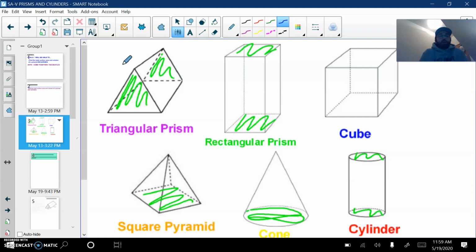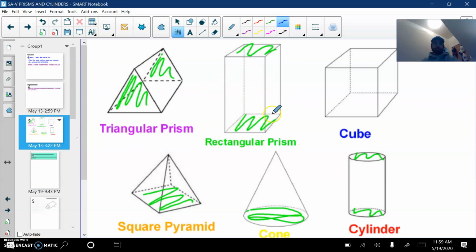So what I mean by that is I could have a prism with a hexagon as a base, and the unique shape is the hexagon. You could have a prism whose base is a pentagon or something like that, a triangle, obviously, a rectangle.